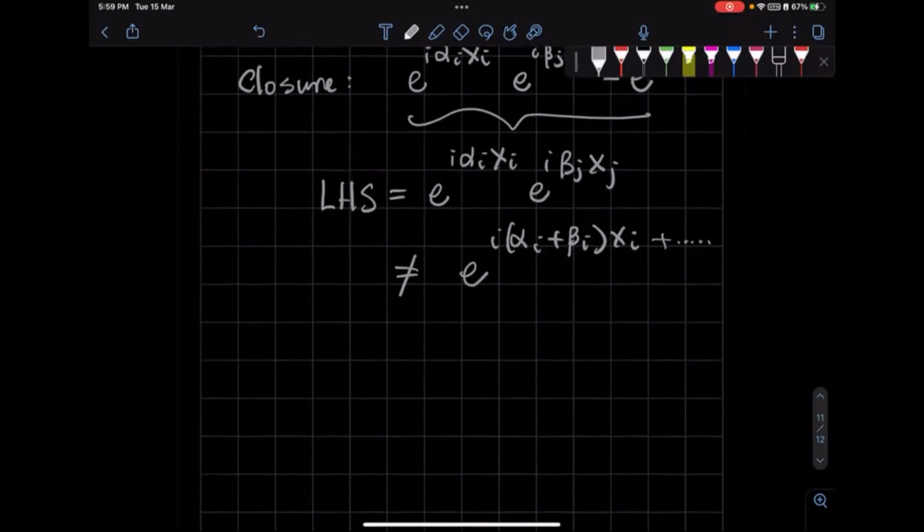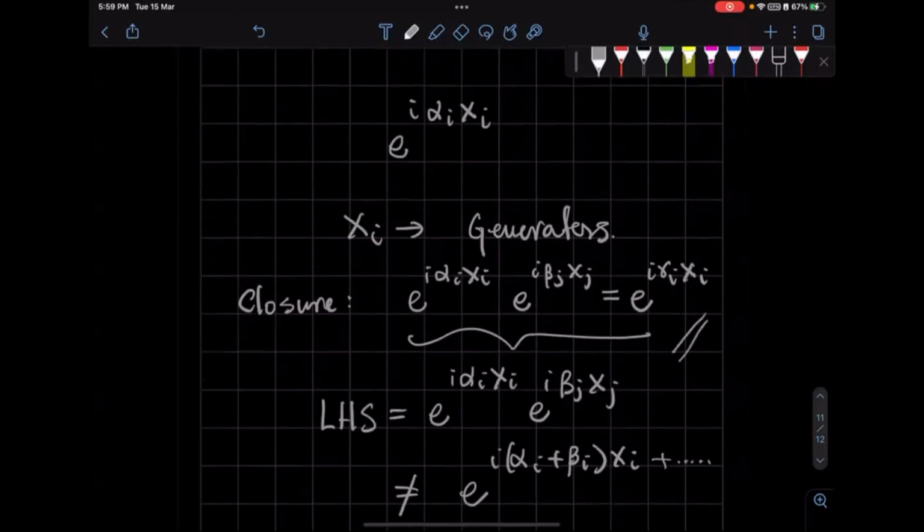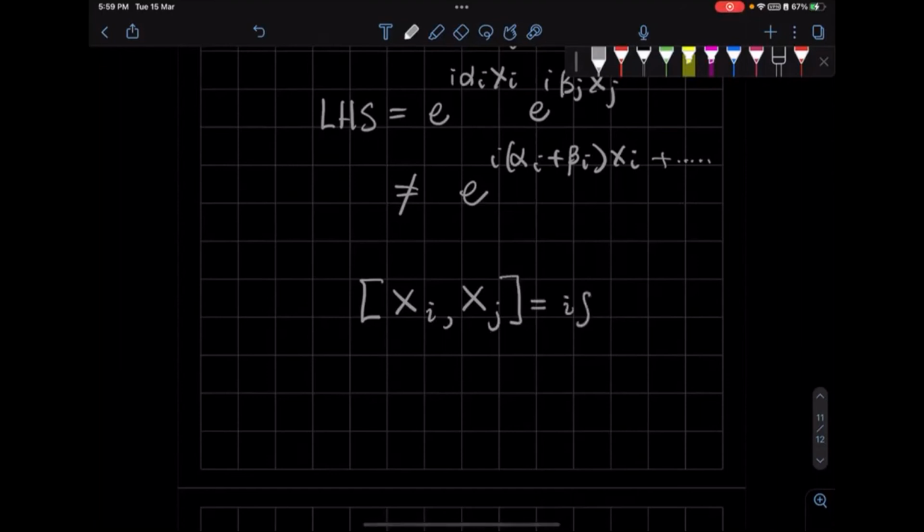We took the log of both sides and did an expansion, and we found that for this to be true, the commutator of two of the generators should give me a linear combination of the generators themselves.